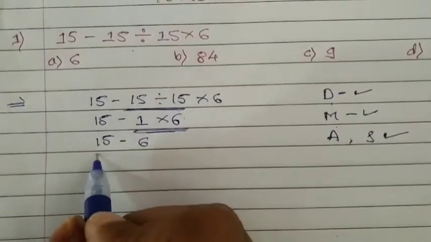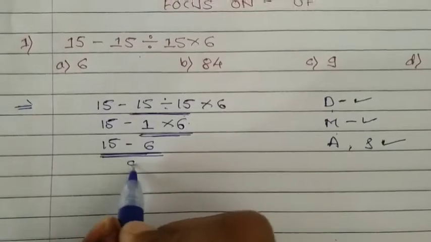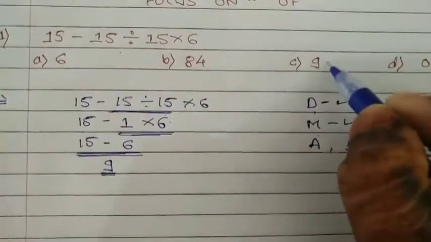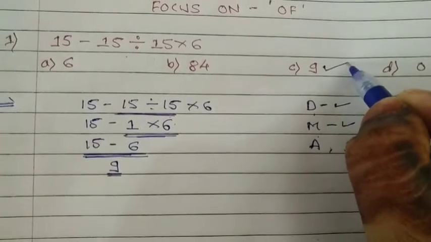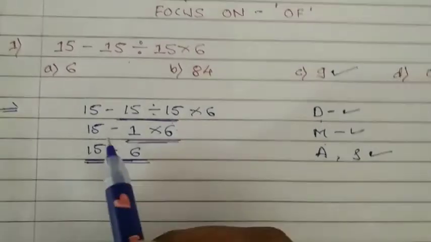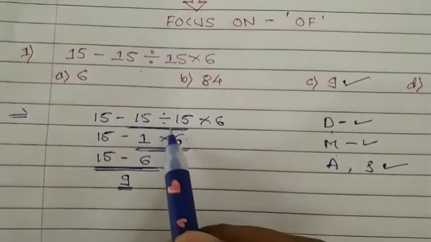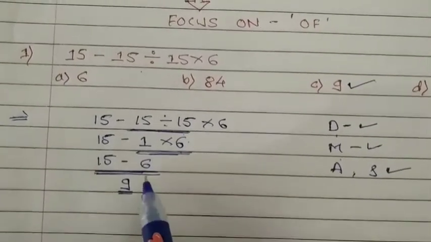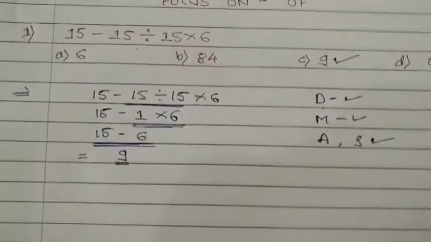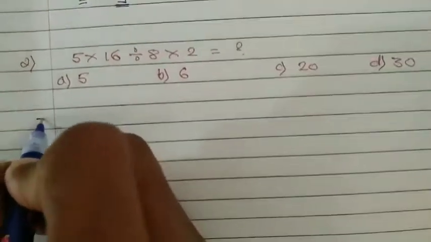So 15 minus 6, how much? 9. So option C is the correct answer. How it was easy? Firstly divide, then multiplications, then subtractions. So let us move on next question.